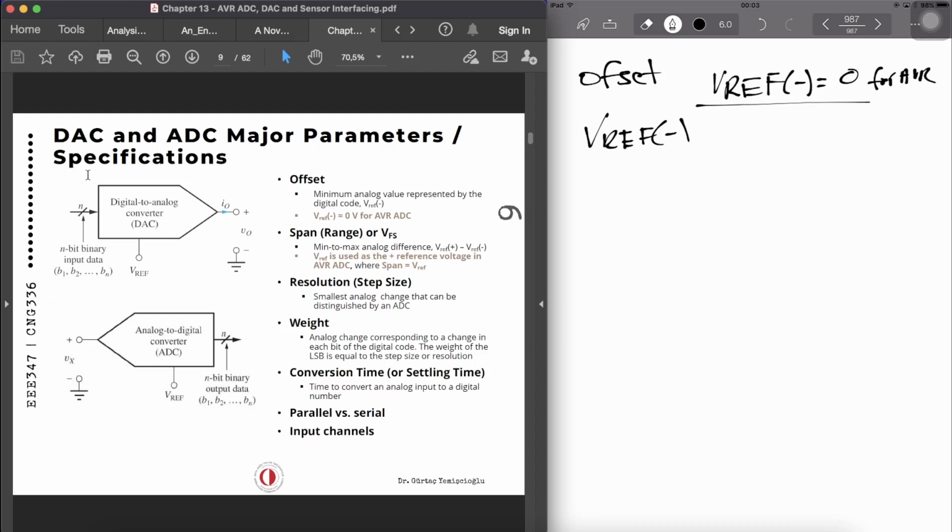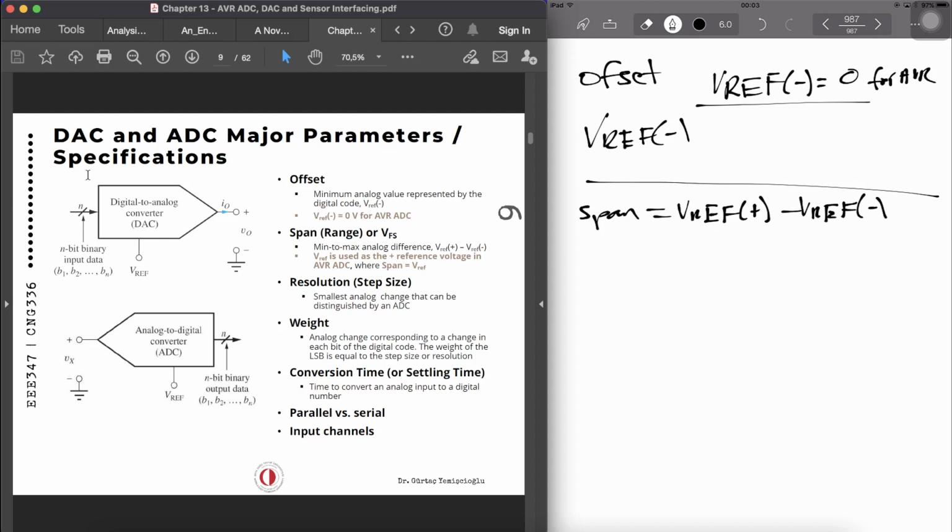Okay, so what is span? Span, or range, or maybe we can call it the full scale voltage, is actually the difference between the minimum and maximum analog values. So the span is generally given as VREF plus minus VREF minus.